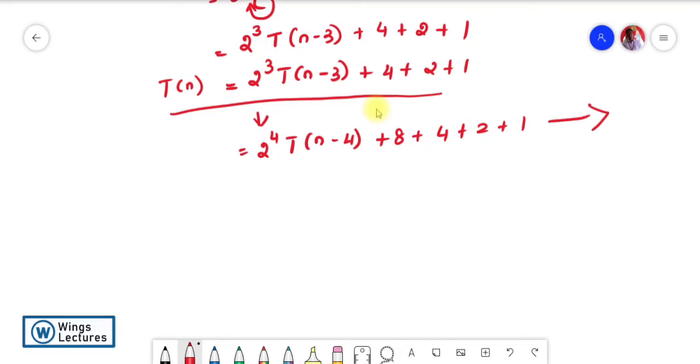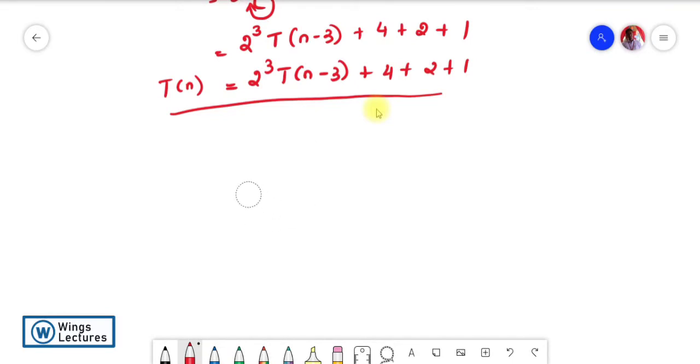So what I am going to do is take the constant value, which is the first one, it is going to be 2 power, let me strike out this, otherwise it will seem slightly bigger than expected. Okay, now I am going to consider k equal to 3. So 2 power k t of n minus k plus, how can I write this?